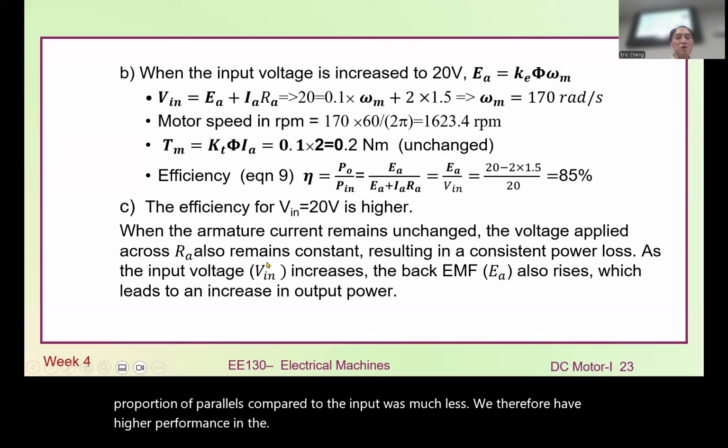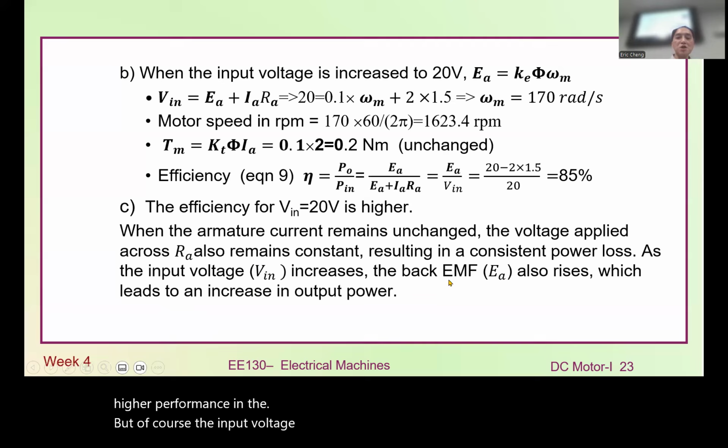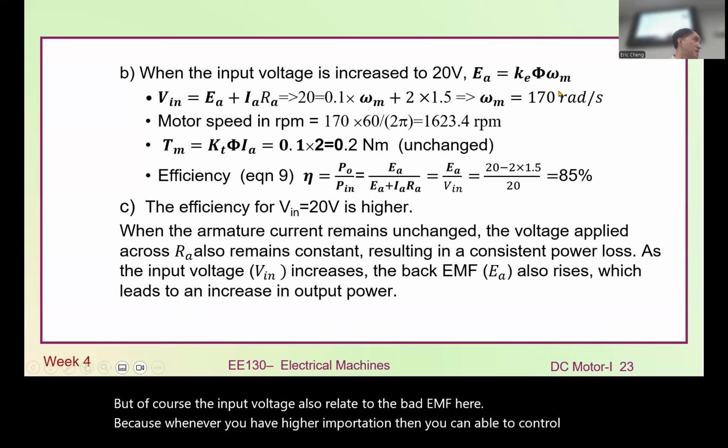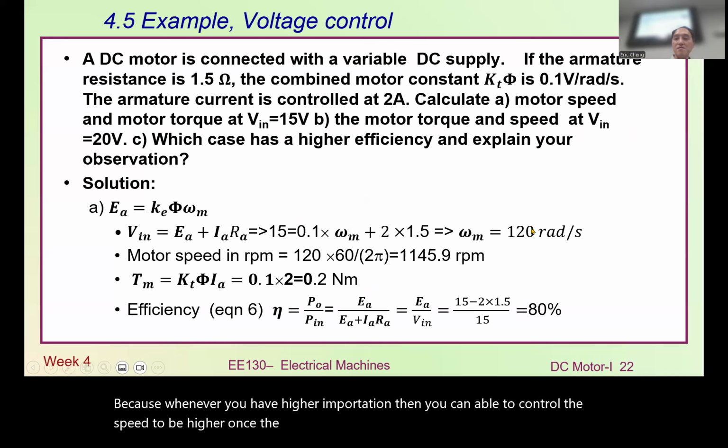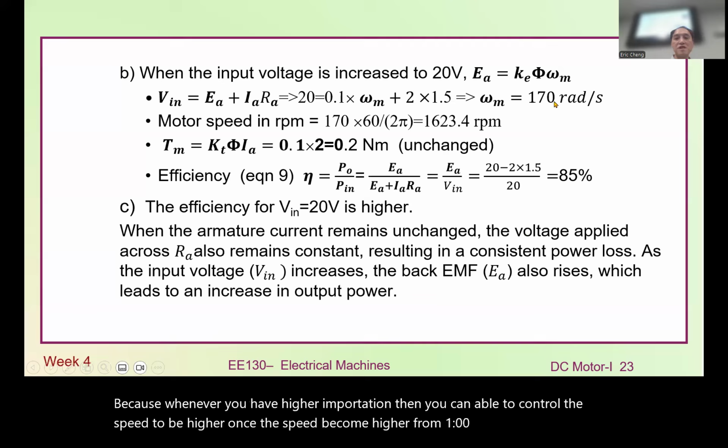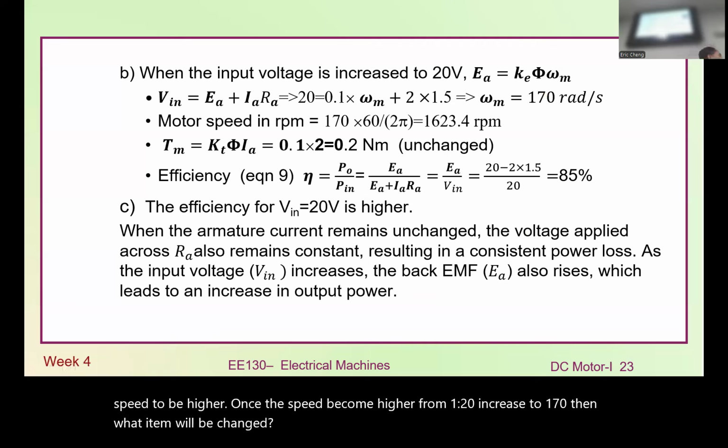But of course, the input voltage also relates to the back EMF here. Whenever you have higher input voltage, you are able to control the speed to be higher. Once the speed becomes higher, from 120 increased to 170, then both items will change for the motor.